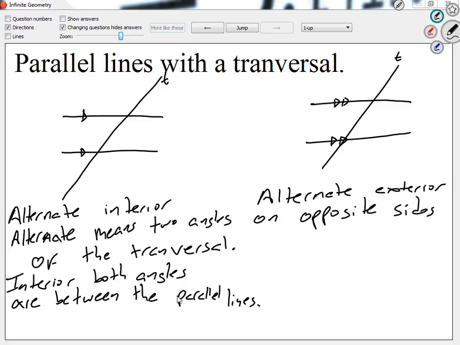Sorry, I'm writing all scribble. So for the interior, both angles are between the parallel lines. I see the 2 parallel lines, so in between them means interior.